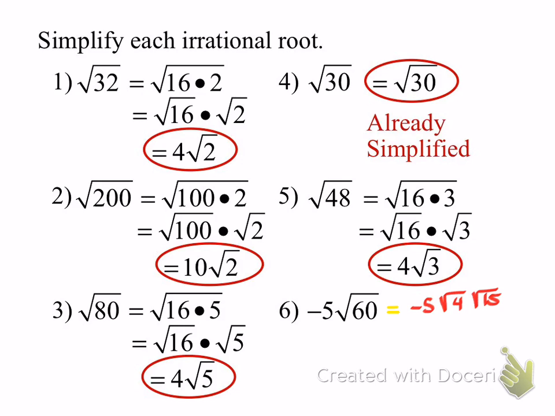Notice I put my perfect square first. I've got that -5 there. What's the square root of 4? 2. So times 2, and then I've got my rad 15. Non-radicals get multiplied with non-radicals, -10, radicals with radicals. You clear, Nicole? Okay.